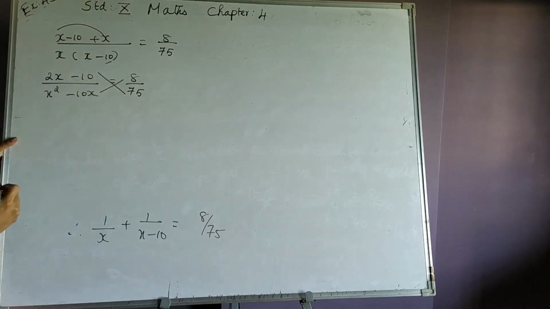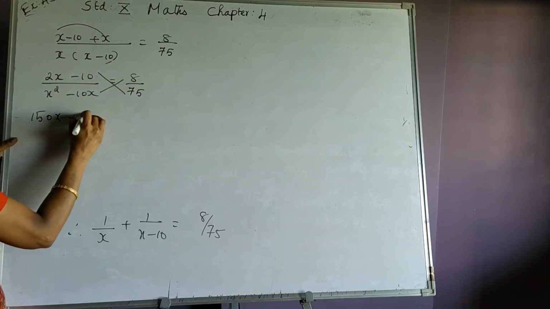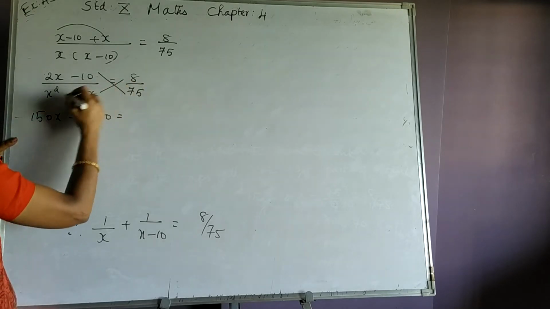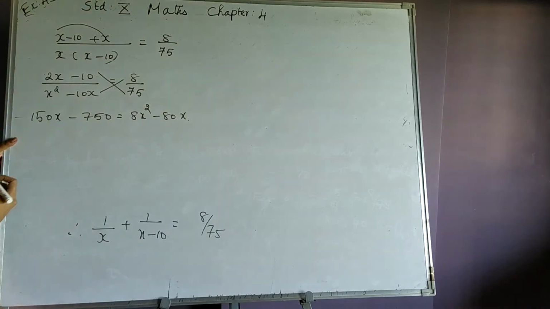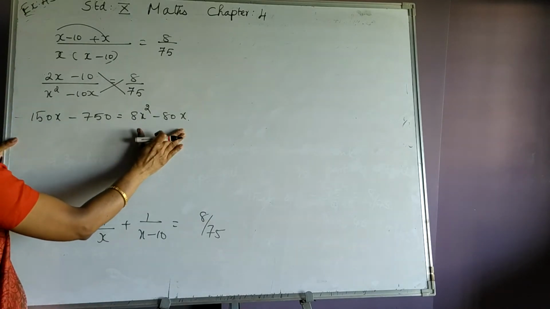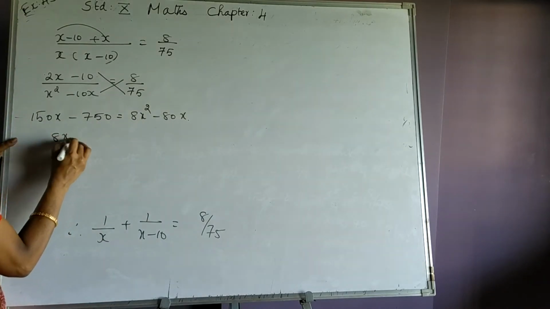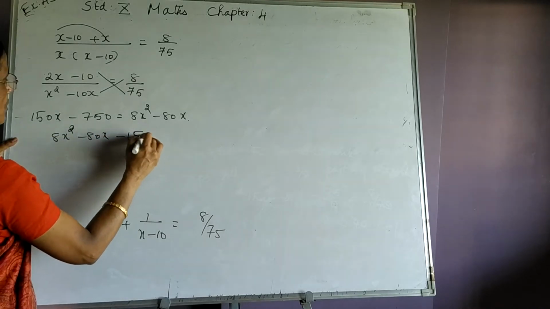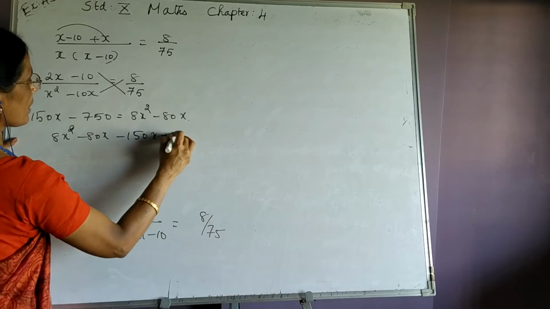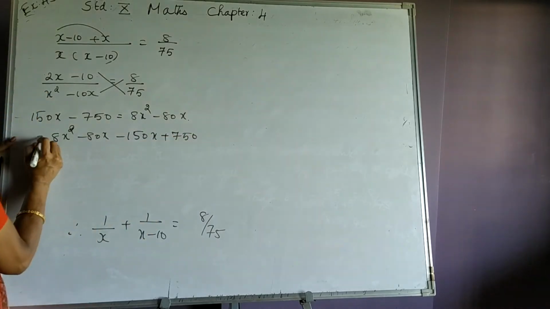Now we do cross multiplication. 3 twos are 6x minus 30 is equal to 8x square minus 80x. I take these two terms to the right hand side. We get 8x square minus 80x minus 6x plus 30 equal to 0.